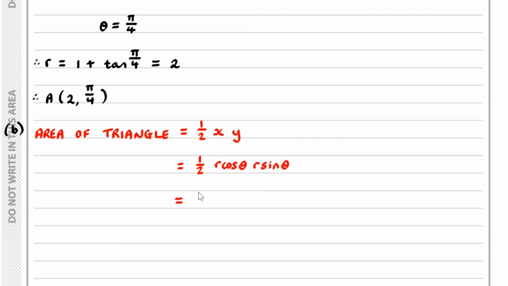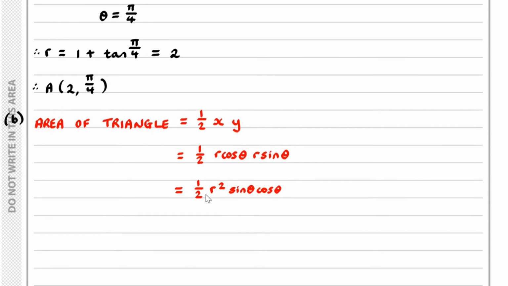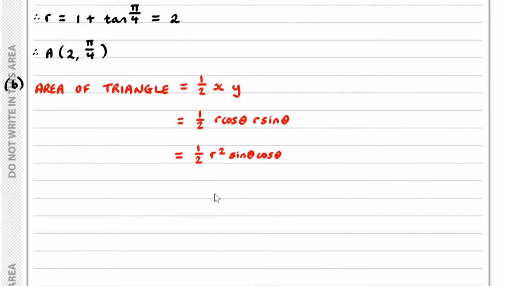So we've got 1/2 r squared sin theta times by cos theta. And sin theta times cos theta, that's a half sine 2 theta.